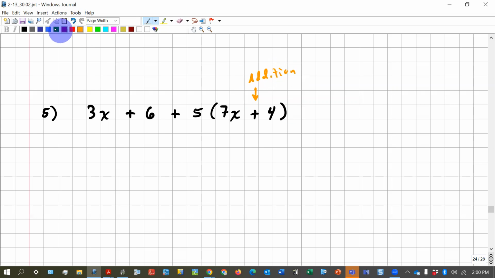We do have addition, but they're not like terms. In front of that parentheses, there's an implied multiplication. And then in front of that, there's more addition.